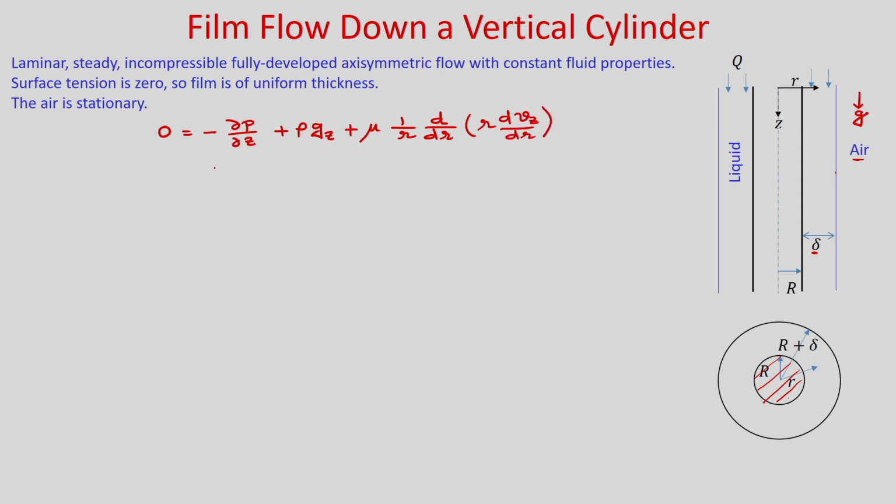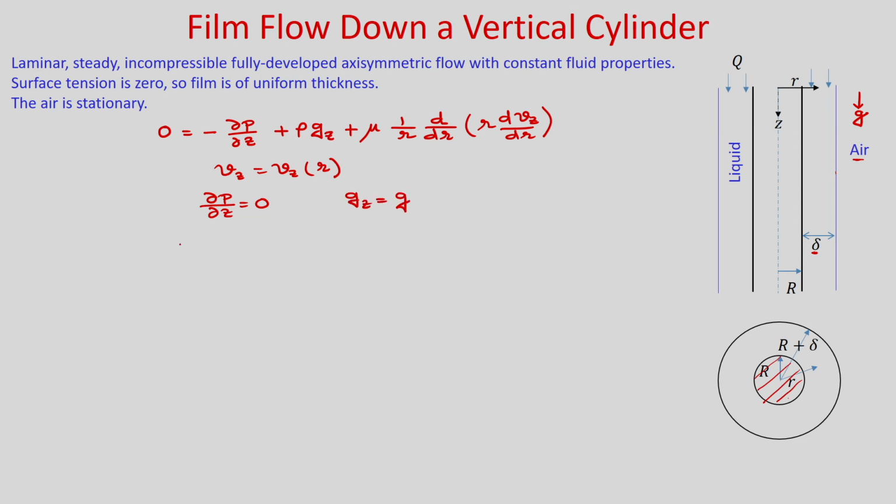So, vz is the axial velocity, and you know that vz is a function of r only. In this case obviously you can see that it is a gravity driven flow because del p by del z will be 0. Due to gravity this liquid will go down along the z direction, and let us say in this direction we have the gravity g. So, obviously g z is equal to g.